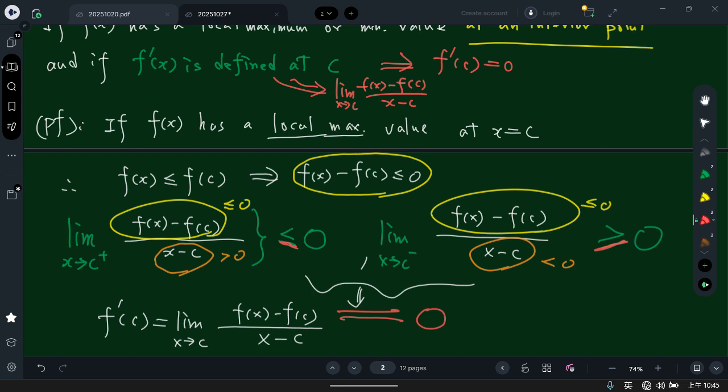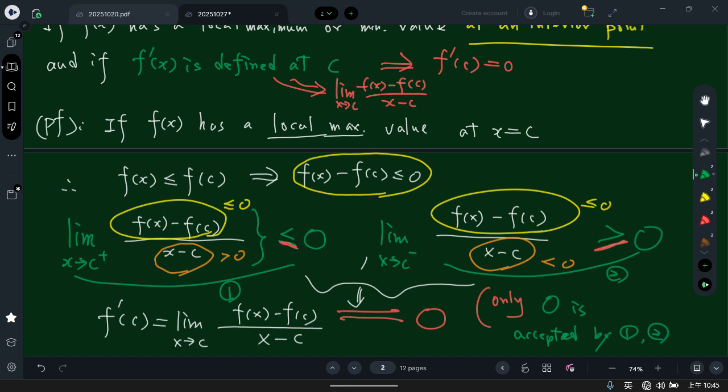So only 0 can be accepted, by condition 1 and condition 2 at the same time.